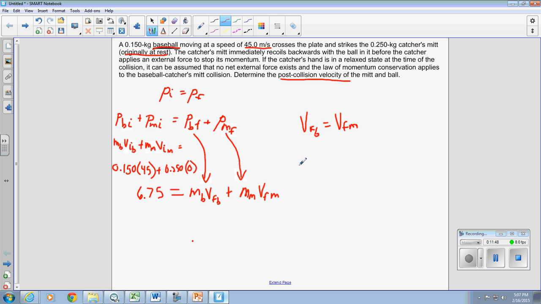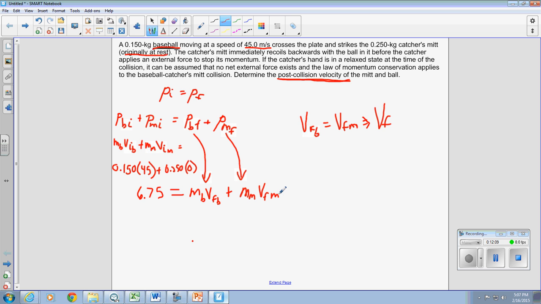So you have two unknown variables here, which is what we're trying to find. Well, it turns out they're equal to each other. So instead of having two variables, let's just call these one thing. Let's call them the final velocity, because it's the same number.